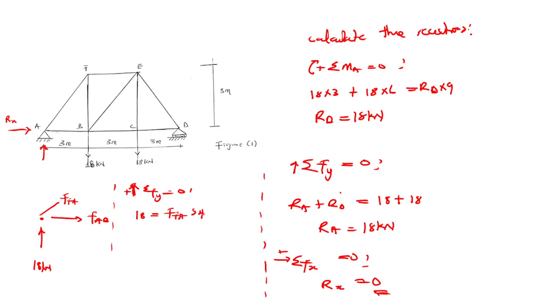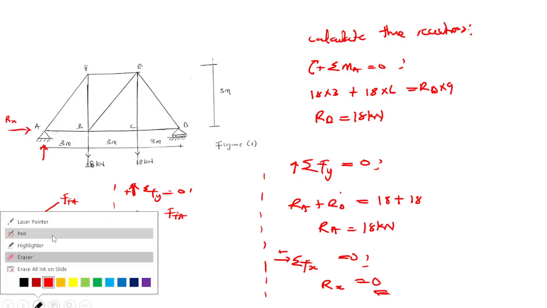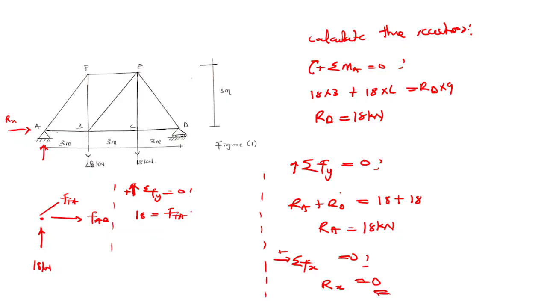sine 45, right? FFA sine 45. So FFA becomes 25.46 kilonewton in compression, okay?